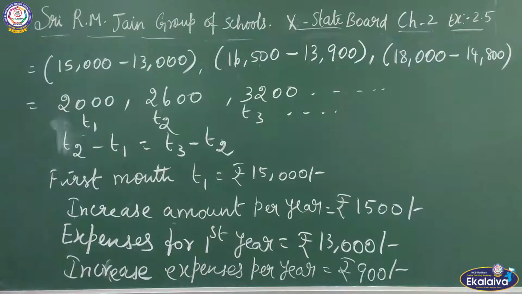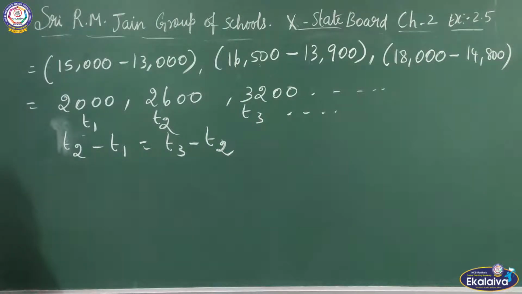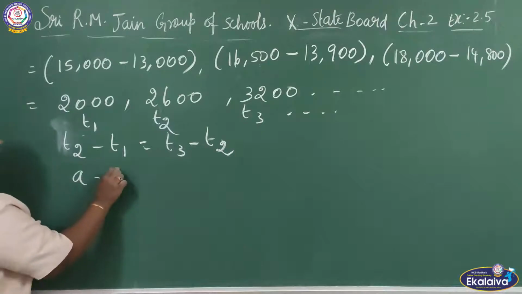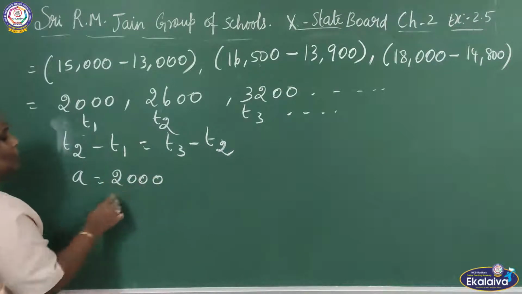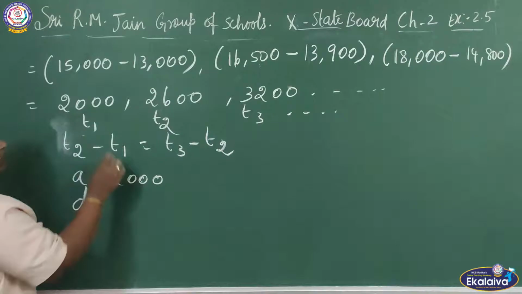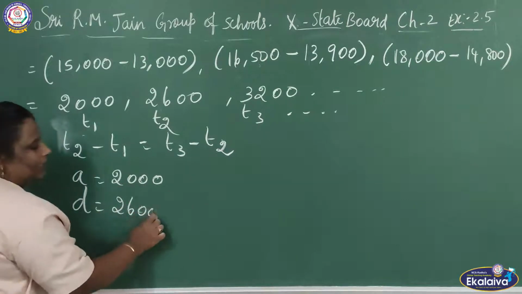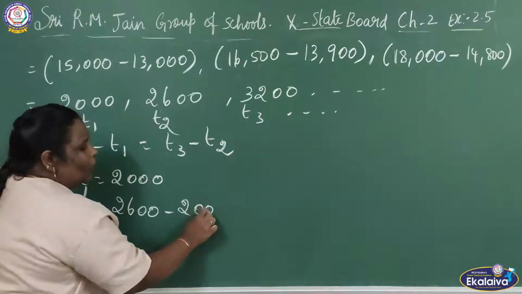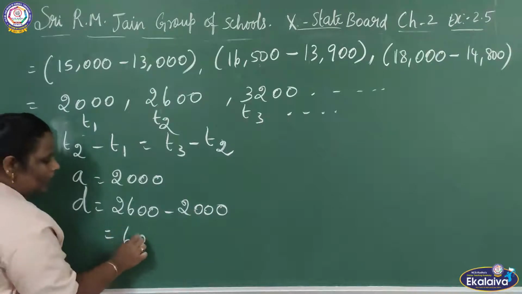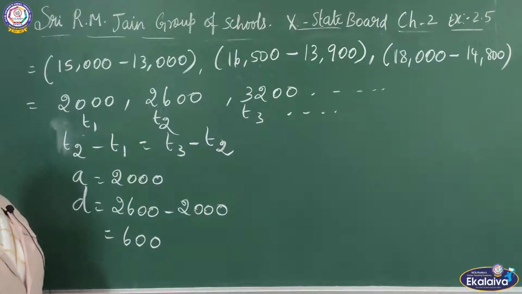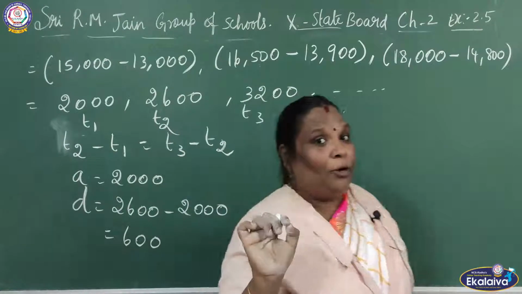You should find out the nth year she will get the amount of 20,000. What is that? A equal to 2,000. What is the difference? 2,600 minus 2,000. The difference is 600.